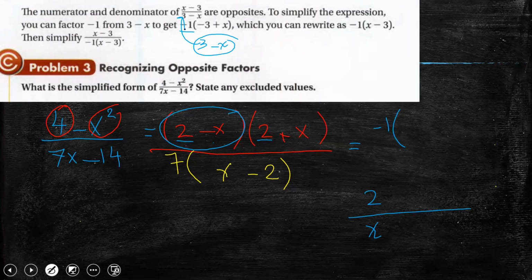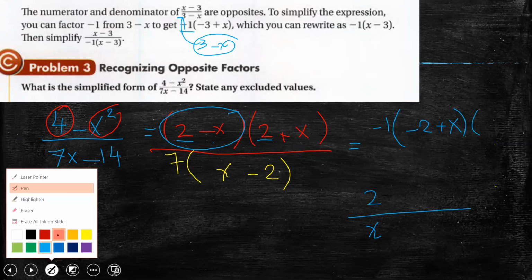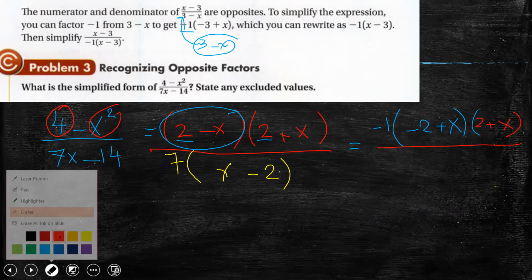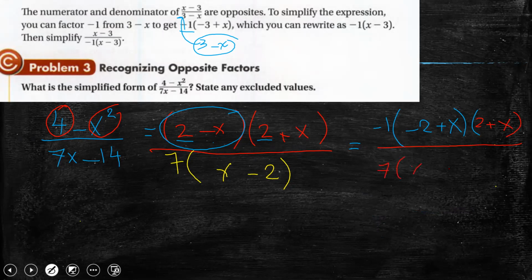So when you take negative 1 as a common factor, what do you have? Let's divide 2 by negative 1. It will be negative 2. And negative x divided by negative 1, what do you have? Positive x. Times 2 plus x, keep it as it is, because it cannot help me, over 7 times x minus 2.